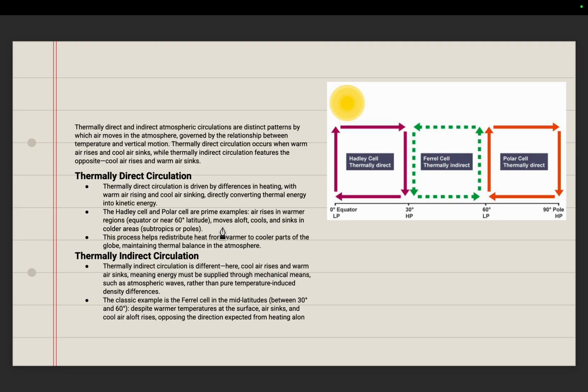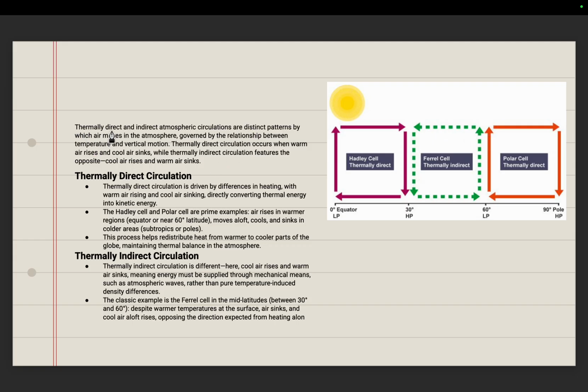There is another concept of thermally direct circulation and thermally indirect circulation here, where the Hadley cell and the polar cells are called thermally direct circulation, whereas the Ferrel cell, from 30 degree to 60 degree northern or southern latitude, is called the thermally indirect circulation.